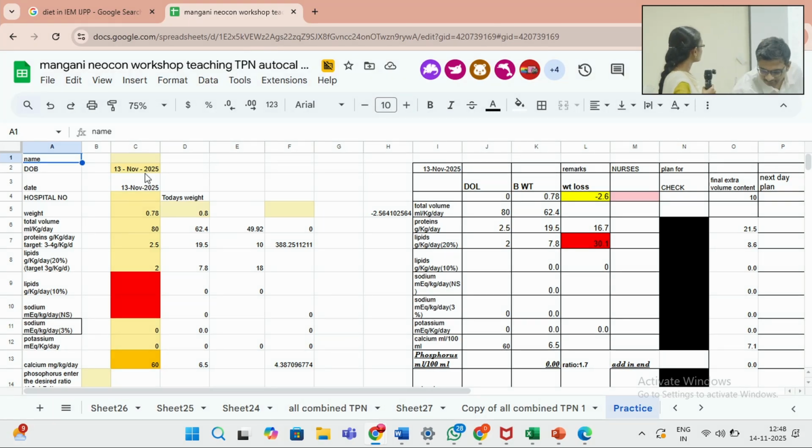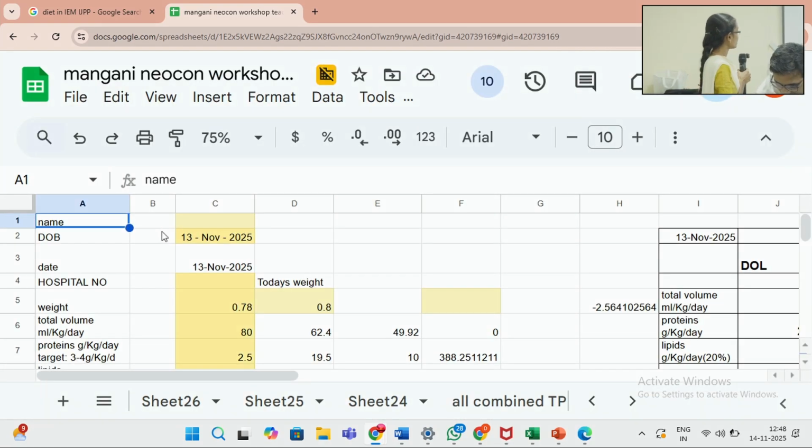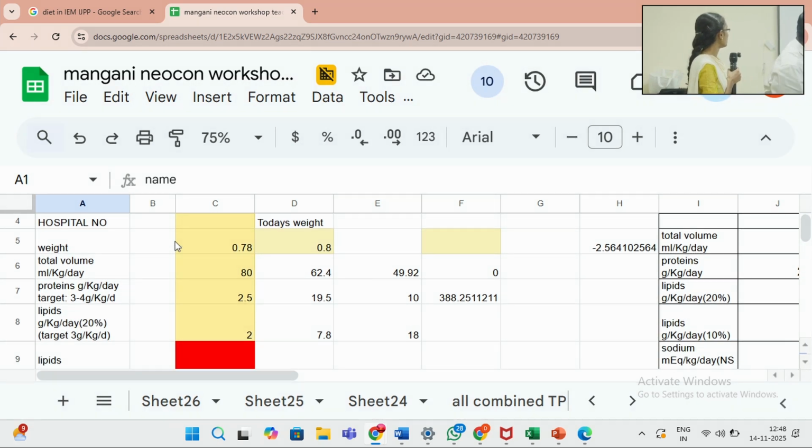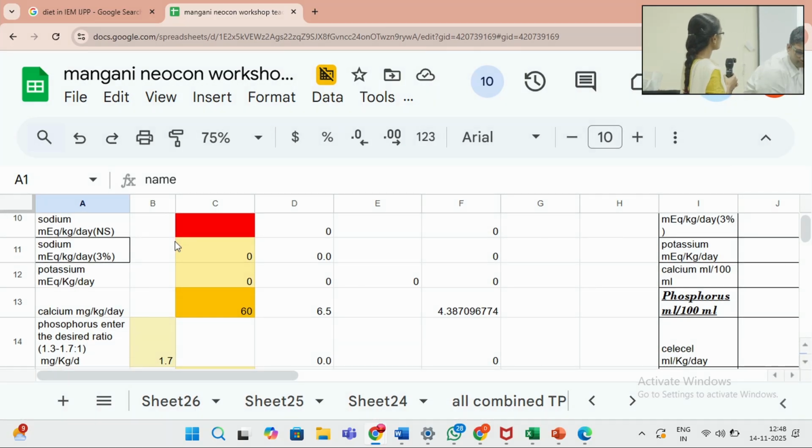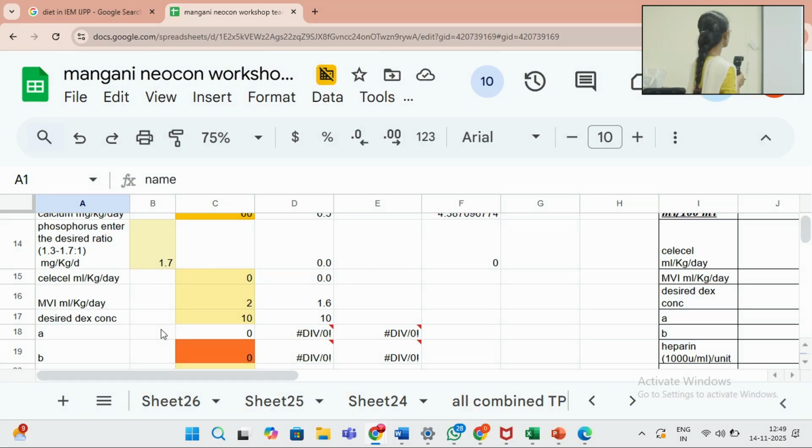So baby weight is 780 grams. Volume, since it is day one, is 80 ml per kg. Protein I have given 2.5, sir. Lipid is 2. Sodium is 0 since it is day one. Potassium 0. Calcium is 60. Ratio, decided ratio is 1.7.